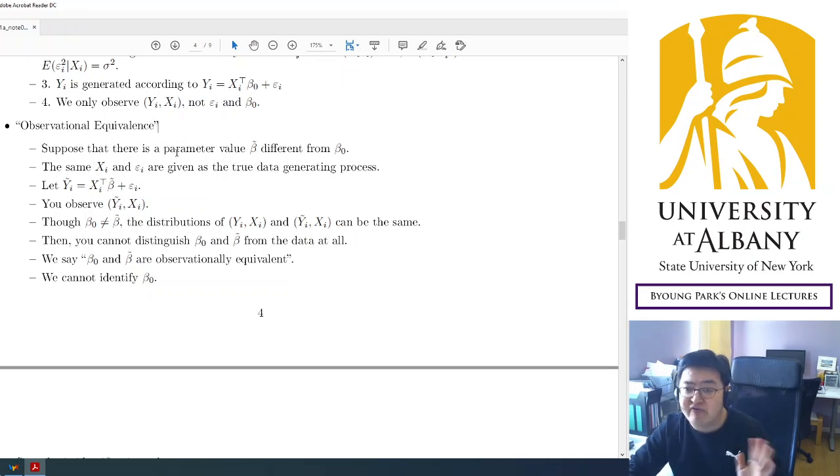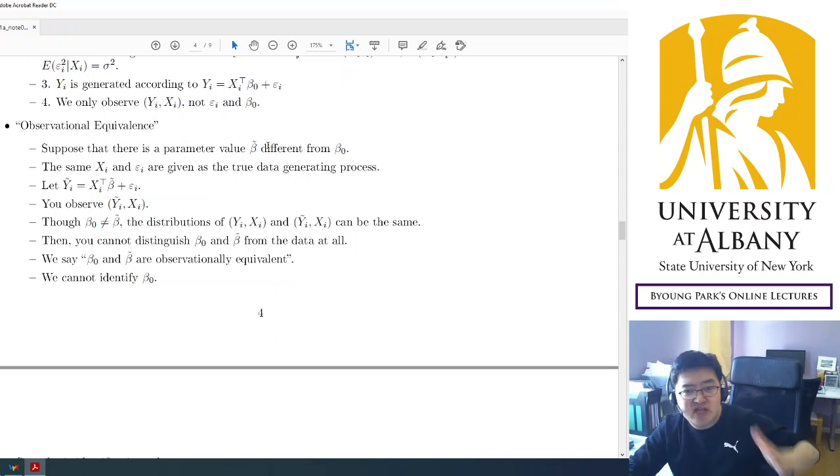Suppose that there are two different values, beta tilde and beta 0. Beta 0 is the true parameter, and beta tilde is a different value. Now imagine that you generate x and epsilon according to the assumptions, and generate y tilde using the wrong parameter value.